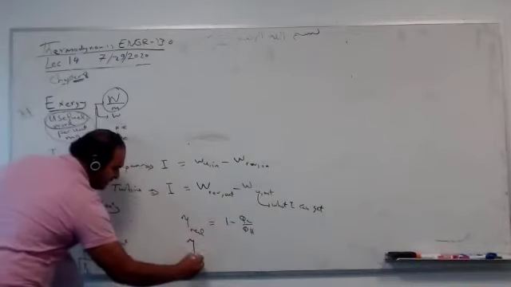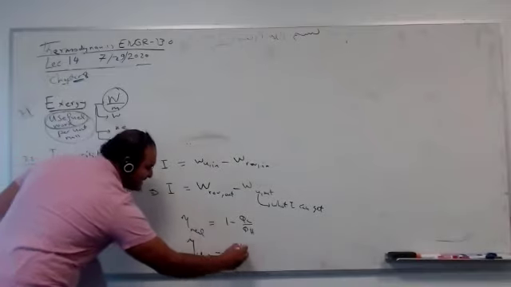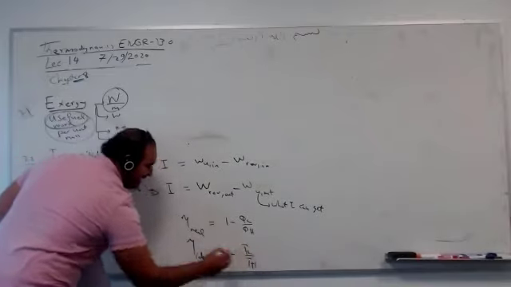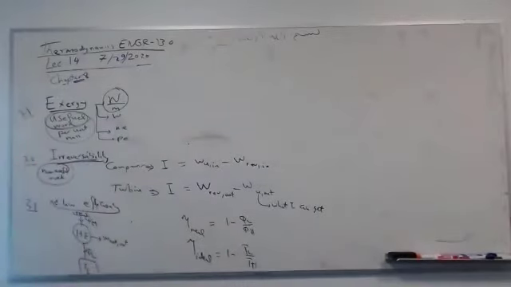But eta ideal is 1 minus T low over T high, according to the Kelvin equation.